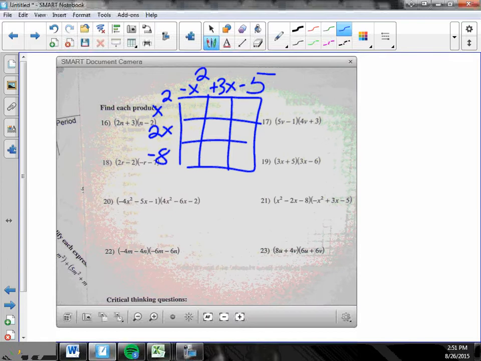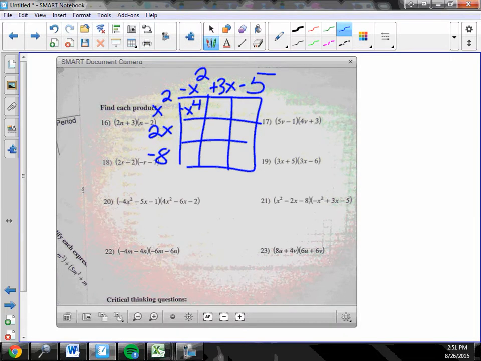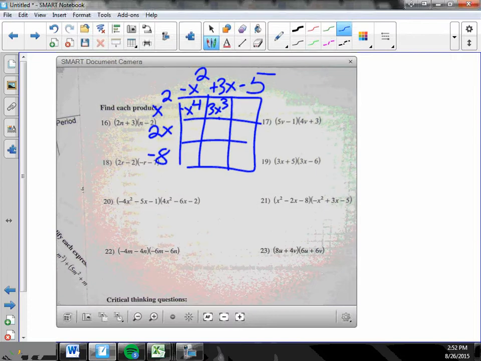Product meaning the answer to a multiplication problem. So what's this first box going to be? Negative x to the 4th. Is everybody okay with that? And then here I would get 3x to the 3rd. And here, minus 5x squared. And there.